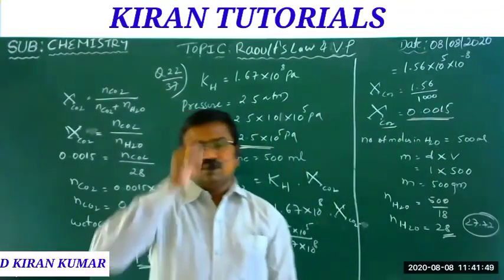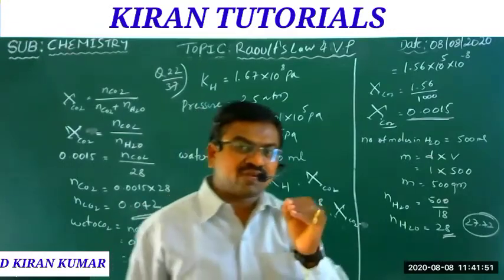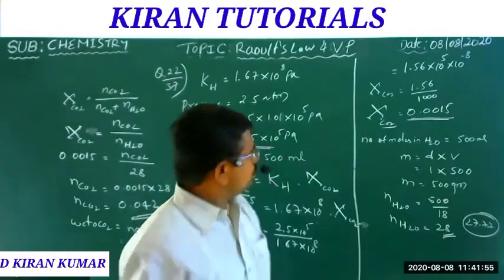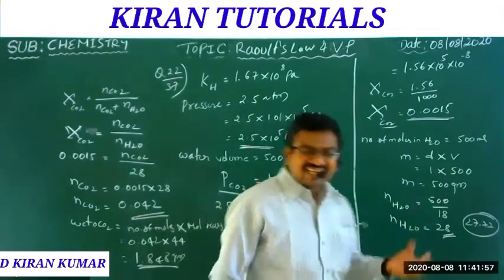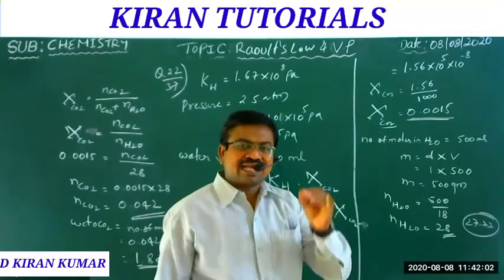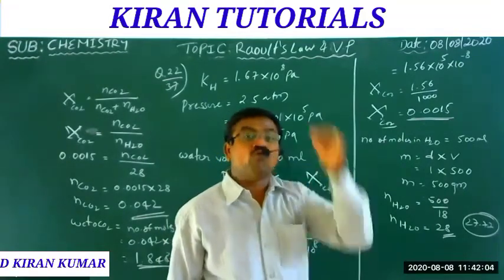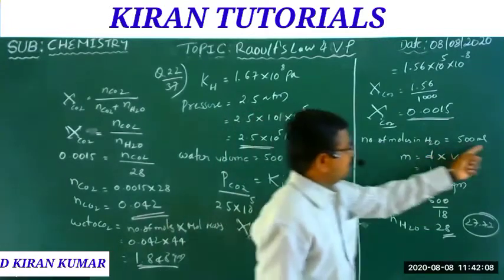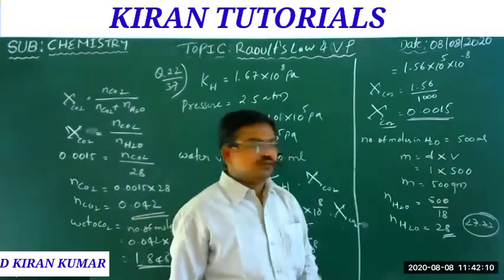So the answer: the mole fraction of CO2 equals 0.0015. But what is the question here? We have to calculate the number of moles of carbon dioxide. The carbon dioxide gas is dissolved in water, so the solvent is water, 500 ml is given. What about its mass?